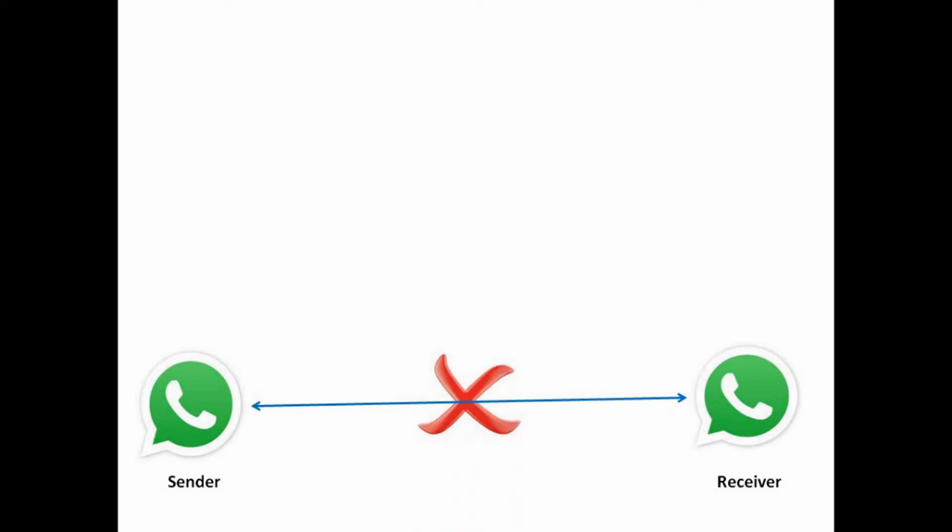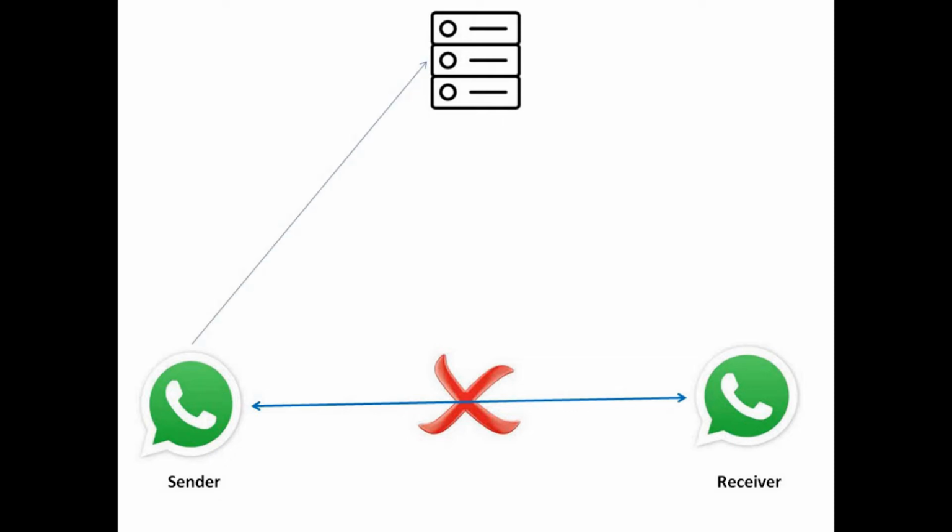So it is important to know how our data is stored and how secure it is. Let's understand how it actually works. Once you send a message, it will be stored in a server. Let's call it the WhatsApp server. It will be in a message queue, so if you send multiple messages, they will be in the queue.